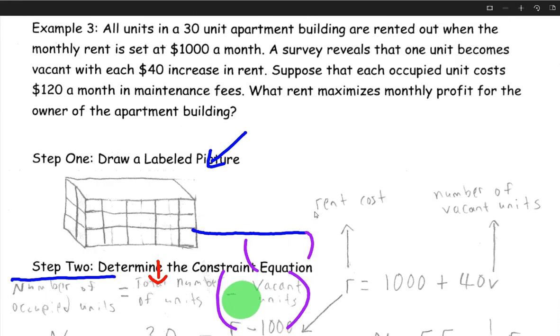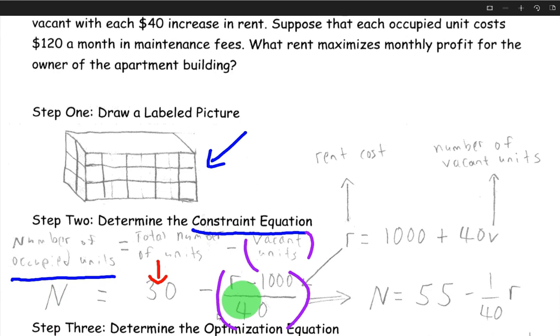As I said before, this one is definitely a more involved problem, but we have a constraint equation now. The number of occupied units is equal to 30, the total number of units, minus, in parentheses, the number of vacant units, which is R minus 1,000 over 40. You might be thinking, why did you narrow it down to R instead of V?